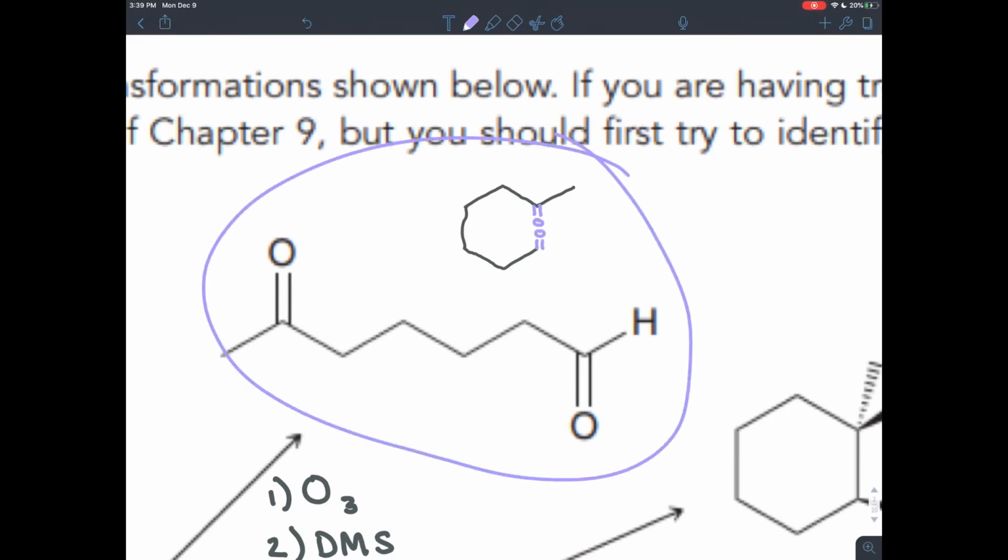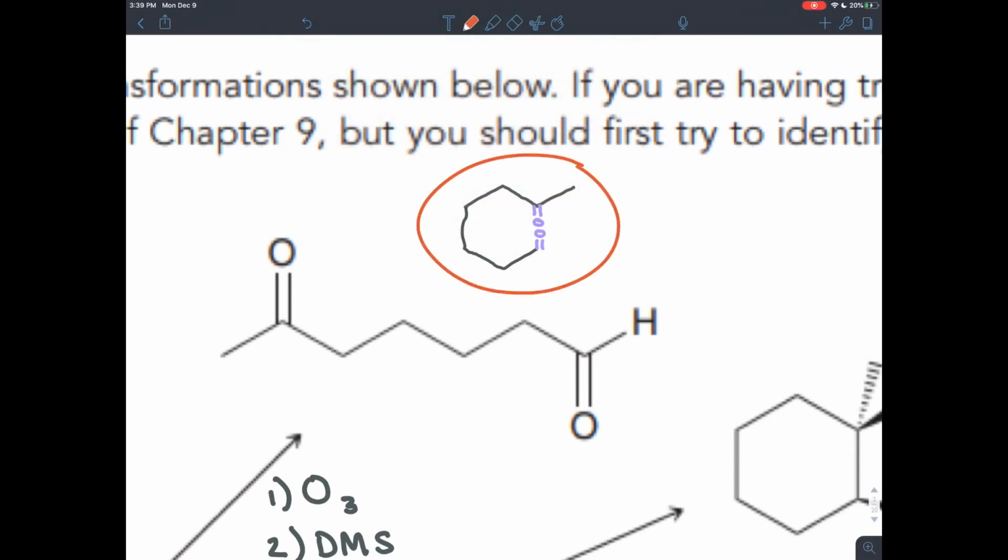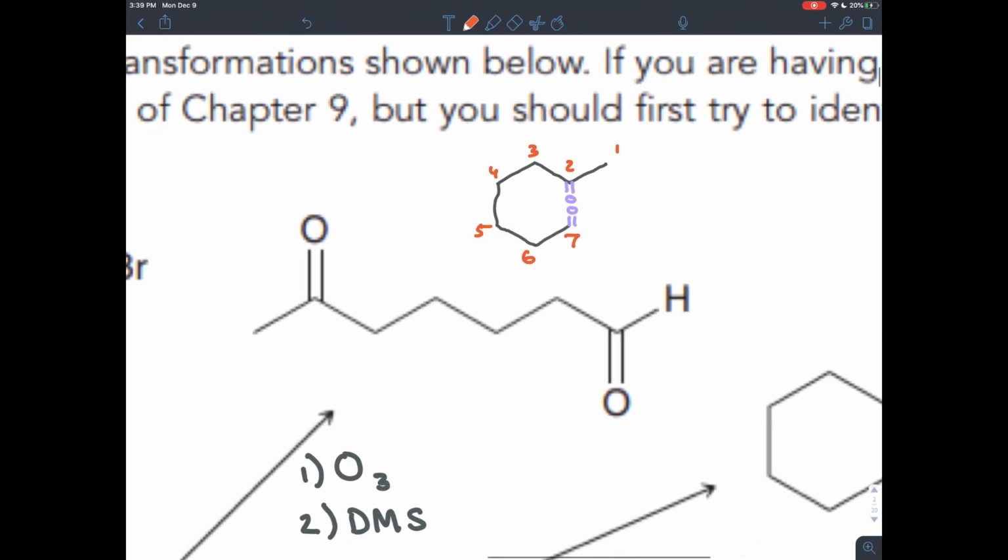Now that doesn't really look like this just yet, but remember that whenever you form these ozonolysis products, number the chain and redraw it in a more conventional way, because it's almost always the way that it would be shown on a standardized test. So here, if we count here, it's 1, 2, 3, 4, 5, 6, 7. Now I'm numbering these not to name it, so I'm not being rigorous about the way I'm numbering it.